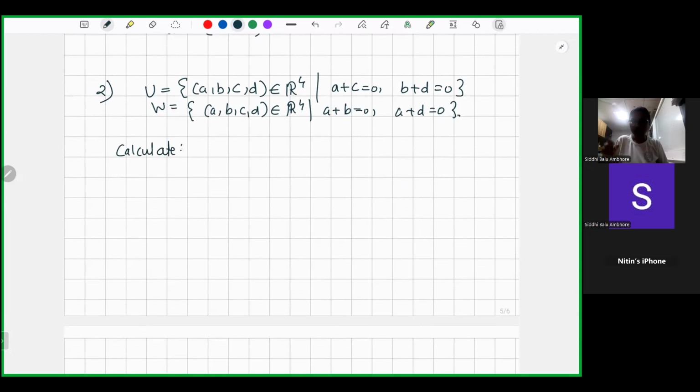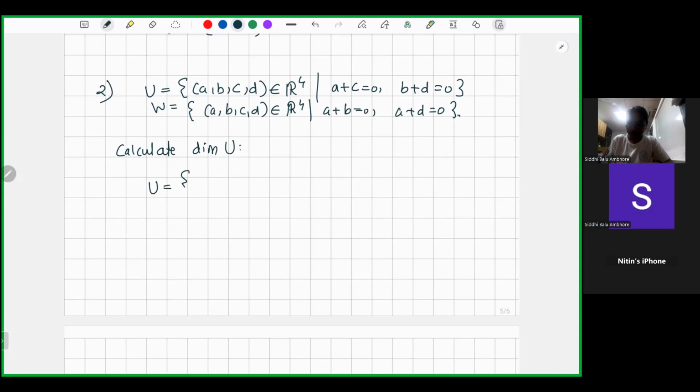We will use the same method we did for the first part. We will calculate the dimension of U and the dimension of W, and if U direct sum W is R4, we know what formula it must satisfy, and we'll check whether that happens or not here. So we first calculate the dimension of U.